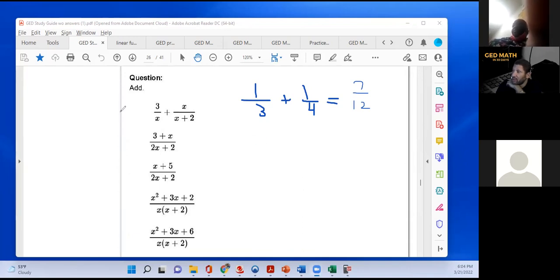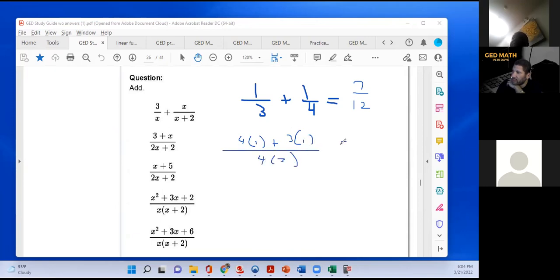So you did 4 times 1 plus 3 times 1 over 4 times 3, and you get 7/12. Because 4 plus 3 is 7, over 4 times 3 is 12, so 7/12. Okay, I can see that.